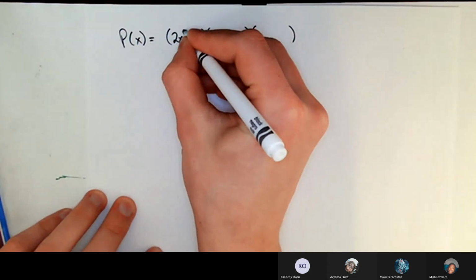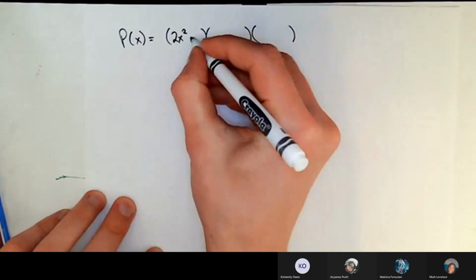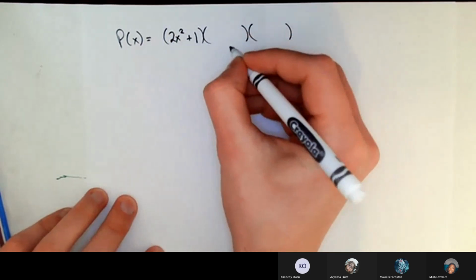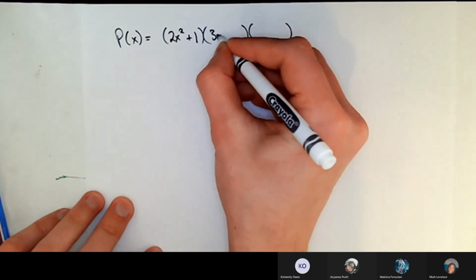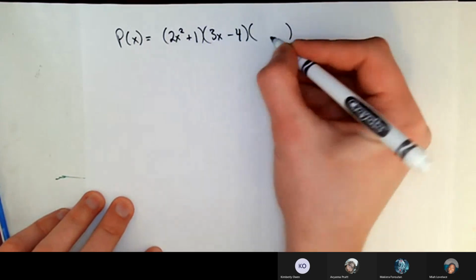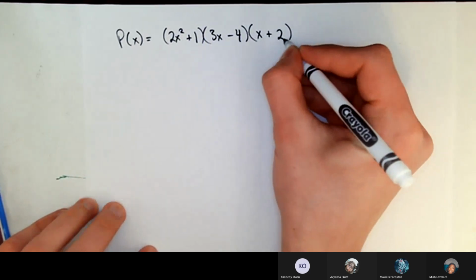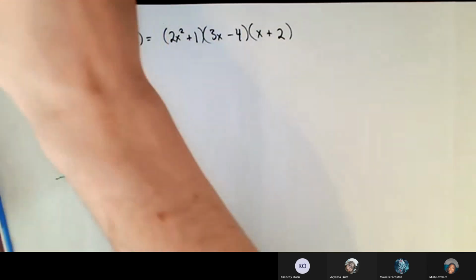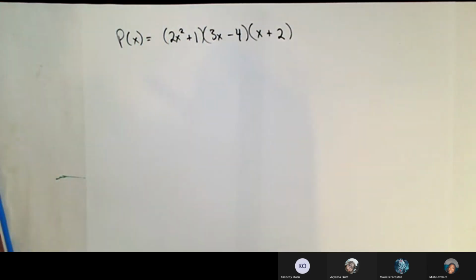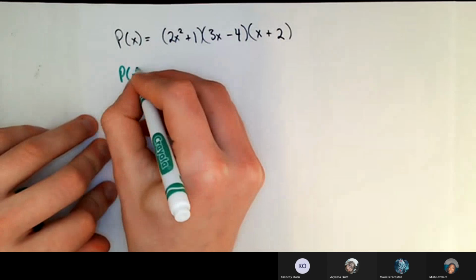Let's say 2x squared plus 1, and then times 3x minus 4, and then let's do a nice simple one back here of x plus 2. All right. And I'm going to try to multiply this out the long way.